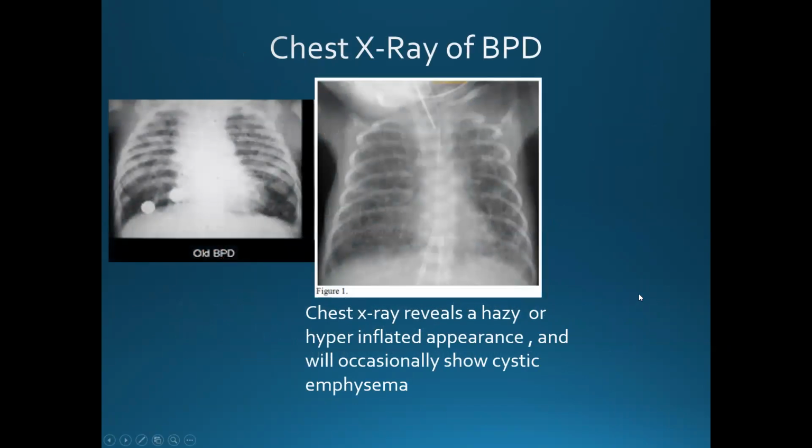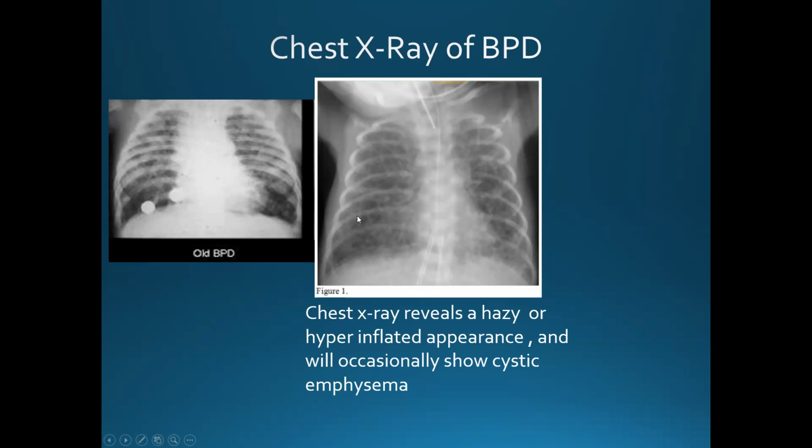All right, so when you're looking at the chest X-ray, you see a hazy appearance. You see hyperinflation. You see how flat the diaphragms are. You see some round little black spots, and that's from cystic emphysema.